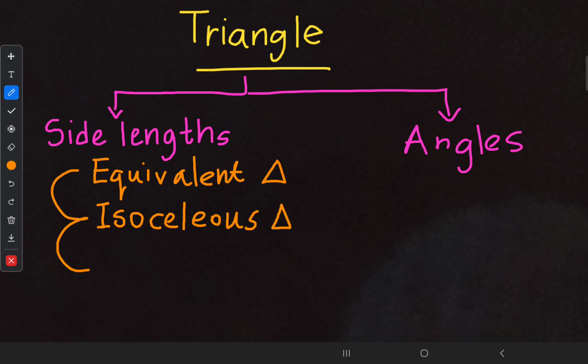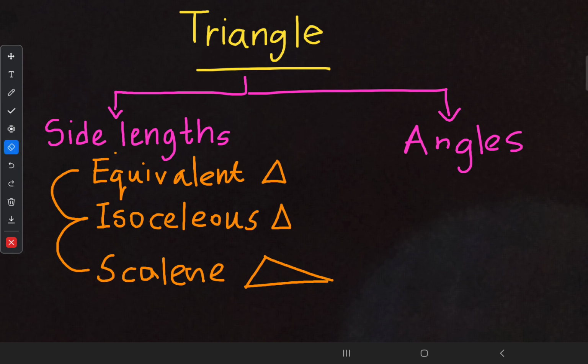And the third one, if all three sides are different in lengths, we can name it a scalene triangle. These are the things we can classify under the topic side lengths.